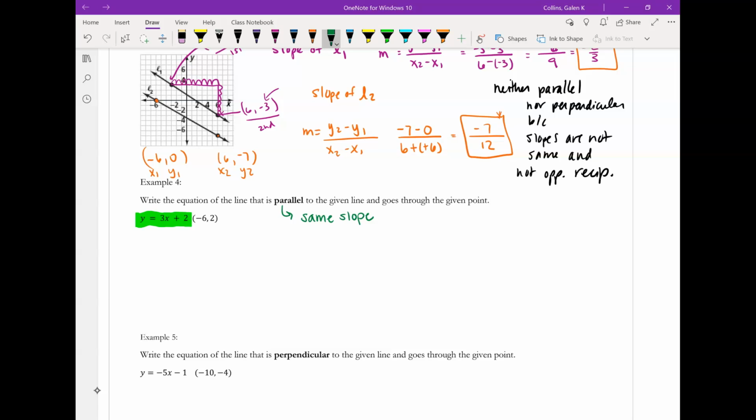So the other line that's going to go through this point, negative 6 comma 2, has to have the same slope as this line we're given. So for this line, it has a slope of 3. So if I think about what I know about my new line, it's going to also have a slope of 3.